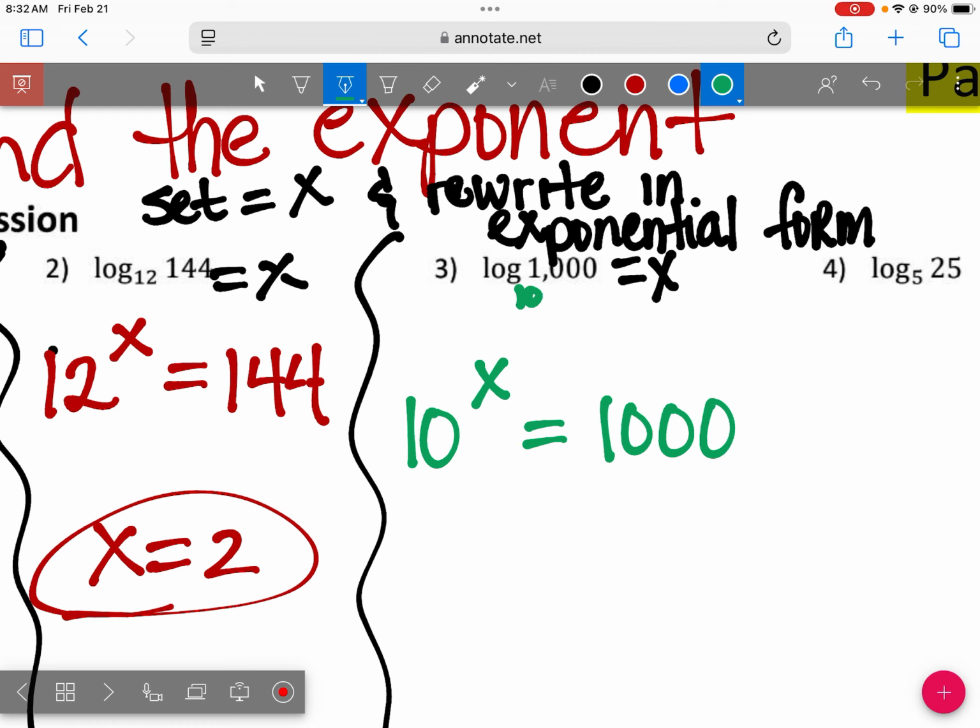Show me with your fingers, what's the exponent? 3, good job.